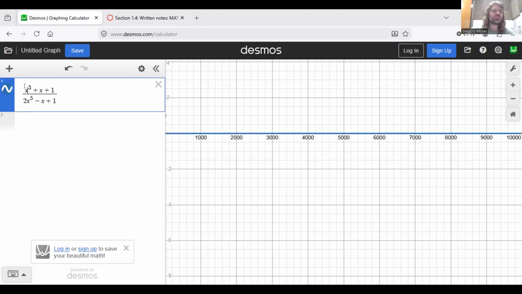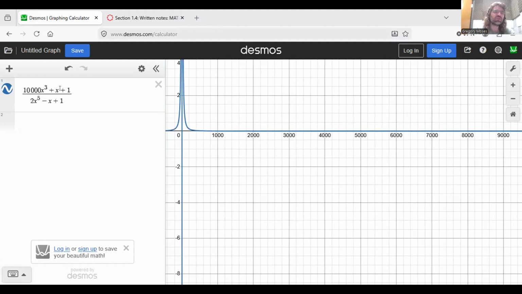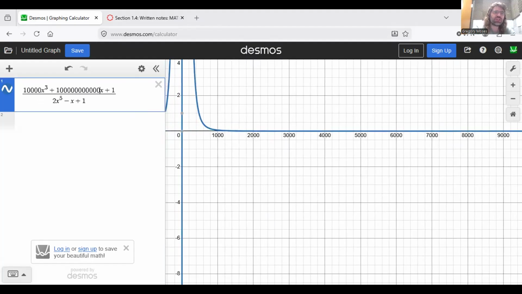So if I took this top polynomial and I put a 1,000 or a 10,000 in front of the x squared, and I put whatever this is, 100 billion, it looks like, in front of the x, and I changed this +1 to negative 19,000.